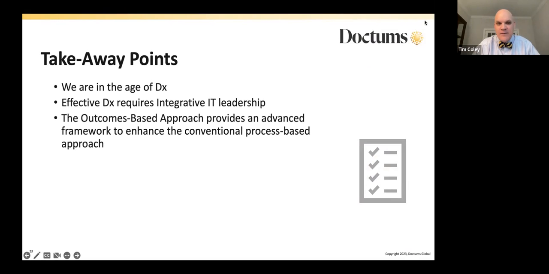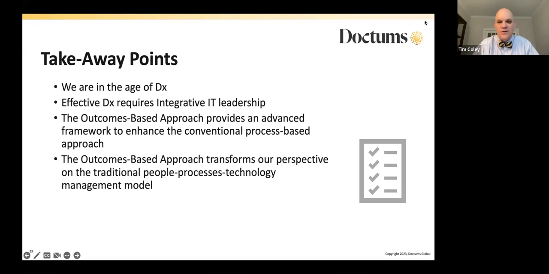We see that the outcomes-based approach gives you just a different framework to think about where processes come in for us. We're going to improve this framework and take it to a better solution. Processes are still important. We're just saying it doesn't stop there. Maybe it starts somewhere else.